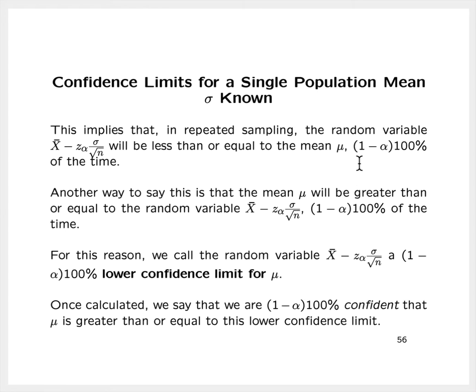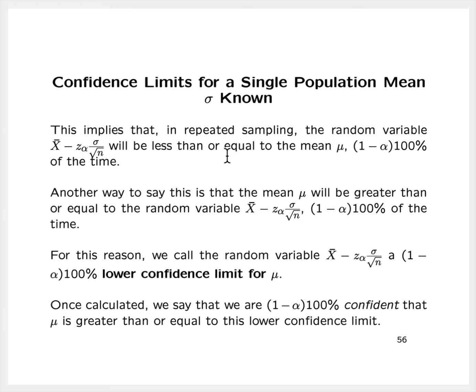The proportion is obviously 1 minus alpha, but the percentage of the time that would occur is 1 minus alpha times 100%. Another way to say the statement at the top of the page is that the mean mu will be greater than or equal to the random variable x bar minus z sub alpha times the standard error of x bar.